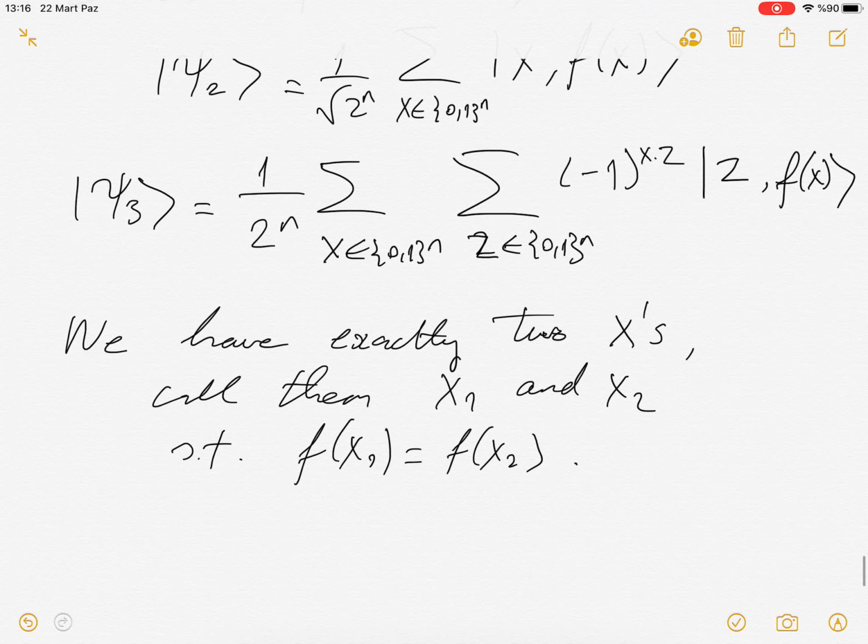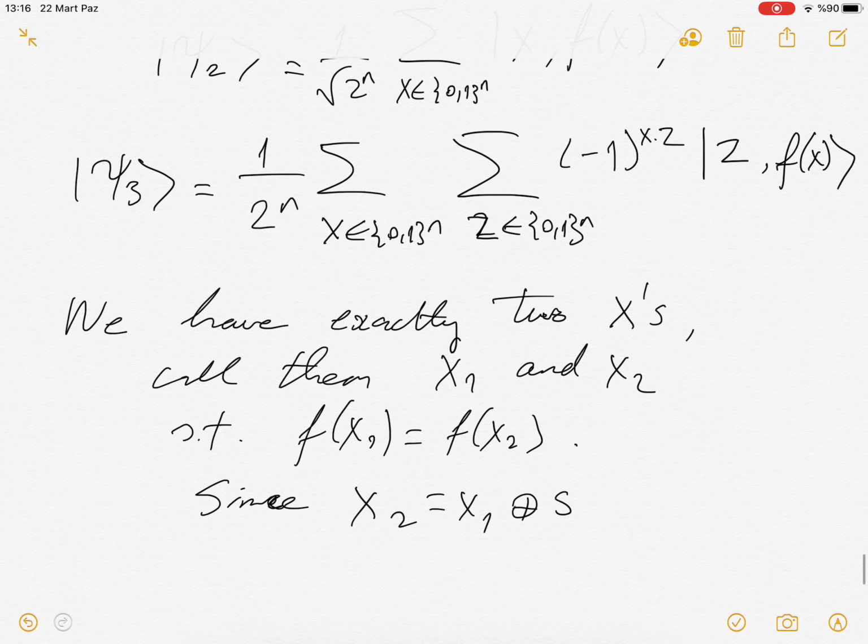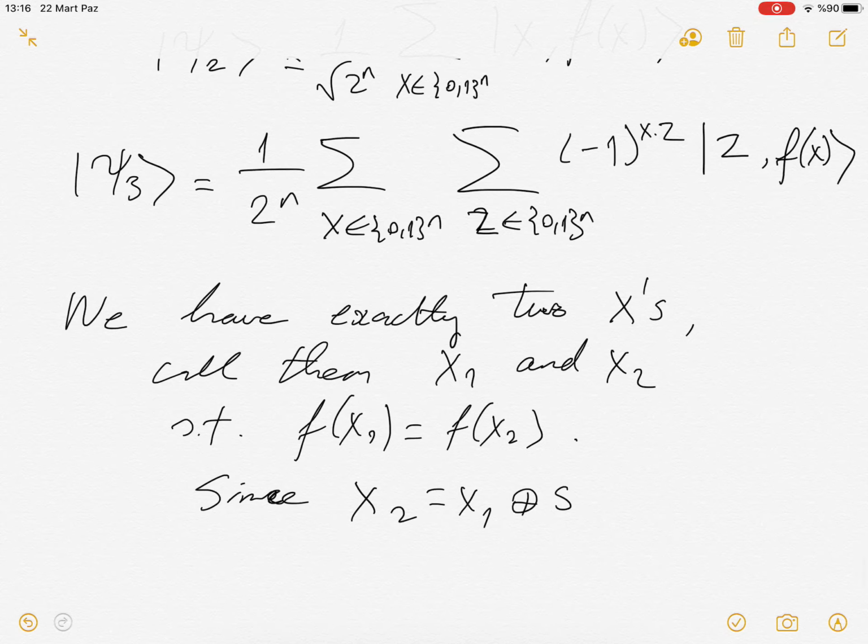And we can actually write x2 in terms of x1. Since x2 is equal to x1 XOR s, we may rewrite psi 3 by setting x1 and x2 apart and writing x2 in terms of x1.